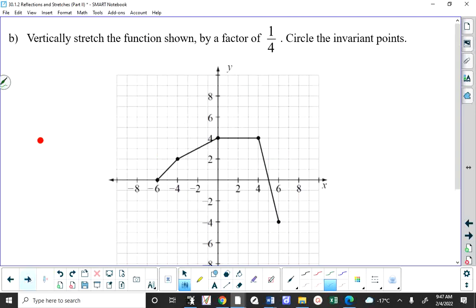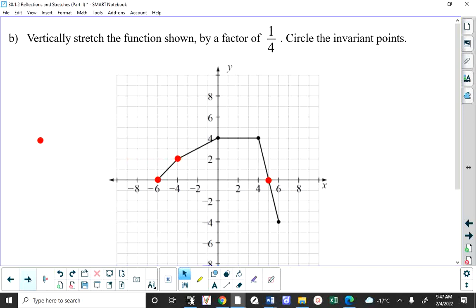Okay, let's vertically stretch the same graph by a factor of 1/4. Well, I think we've already established that since this point at -6 for x and this point at +5 for x are neither above nor below the x-axis, you can't stretch them relative to the x-axis. This point is 2 away from the x-axis.